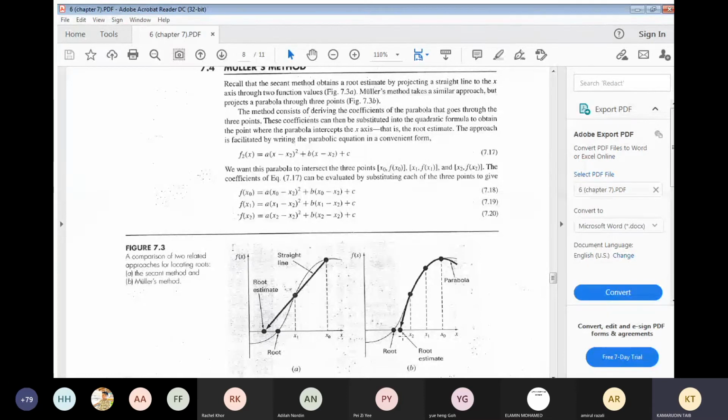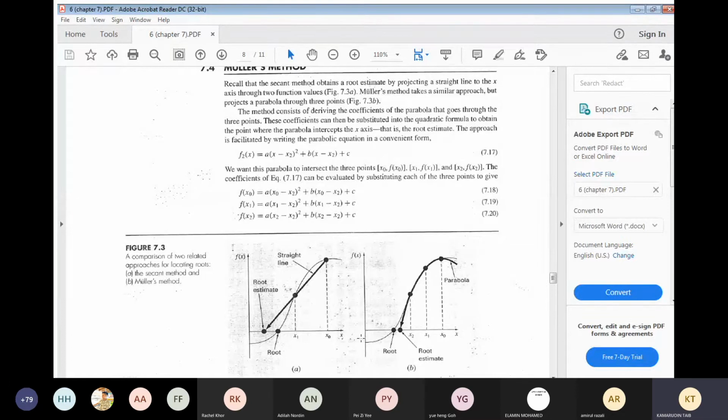Whereas if you use Mueller method, see the assumed bold black curve tends to portray the pattern of the light black curve that represents the actual function.